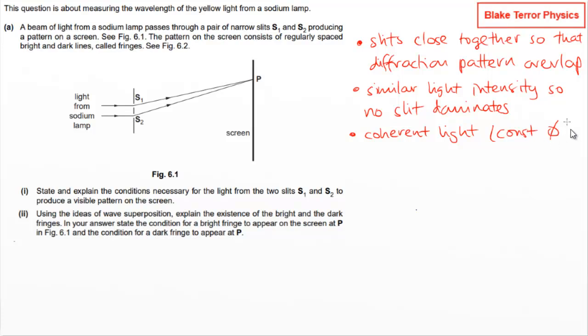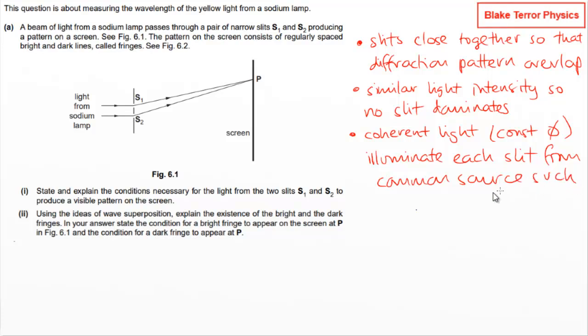I'm just going to write that as constant phi. You can write it out in full yourself. So we might want to illuminate each slit from a common source, such as a single slit. Those three things will then give us a stable pattern on the screen, which is what we're after.